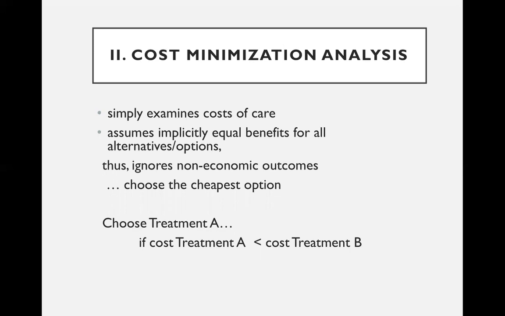So you are just looking now at the cost of the treatment and you are made to decide on a cheaper option. Of course, if a certain drug A and drug B are compared, no, in cost minimization analysis, you assume that drug A is equally as effective as drug B. So your decision is based only now on the cost of drug A versus drug B.